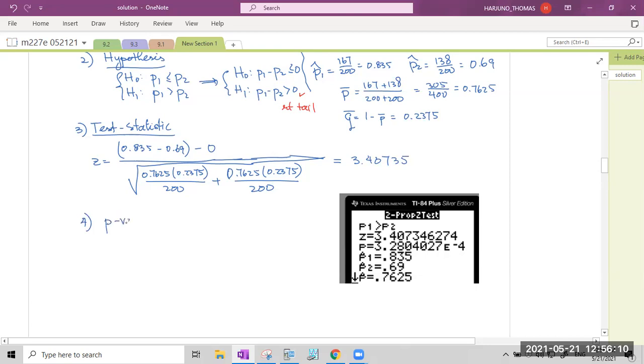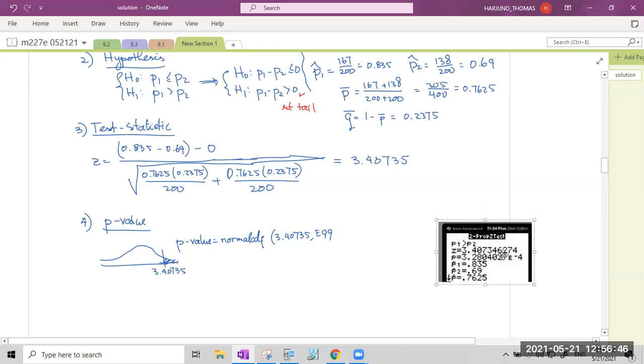So the P value, Z score, right tail, P value is normal CDF 3.40735 to infinity, E99. That will be 0.000328.